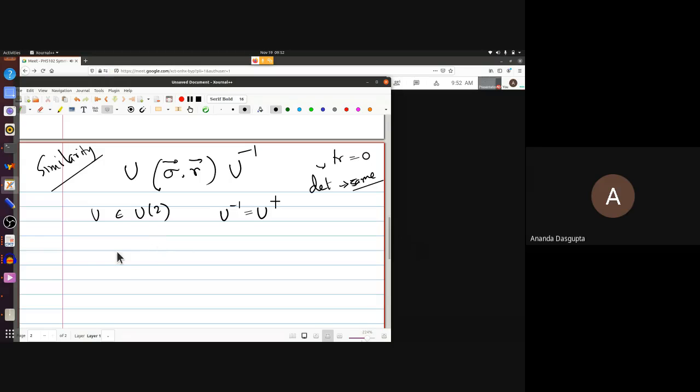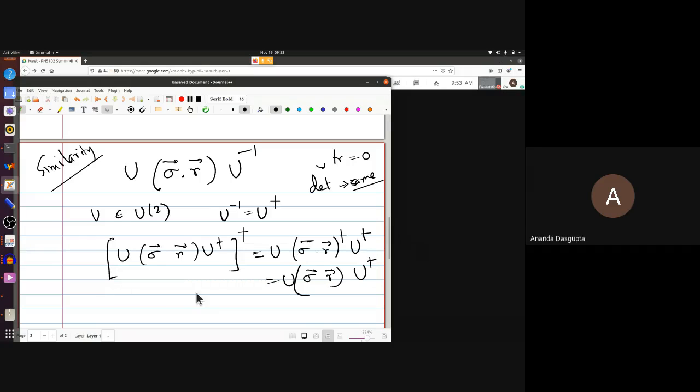This thing, U sigma dot r U dagger, if you took this and found its adjoint, you'll of course get U dagger's dagger, sigma dot r's dagger, U dagger, which is of course the same as U sigma dot r U dagger, because sigma dot r is Hermitian. So this is Hermitian.